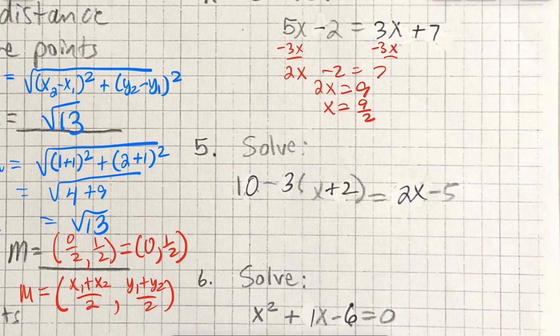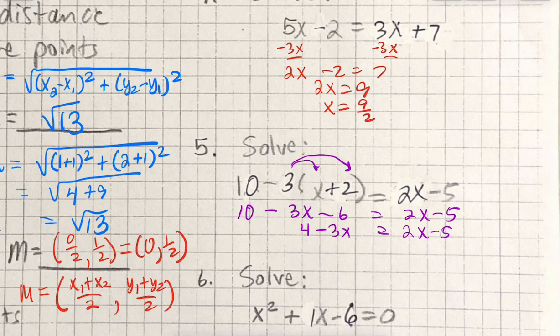For number 5, the first thing I'm going to suggest that we do is let's distribute that -3 into both quantities. Now, I made this equation pretty quick, so the odds of it being a nice number are pretty slim. But 10 minus 6 is 4, so I would simplify down both sides.